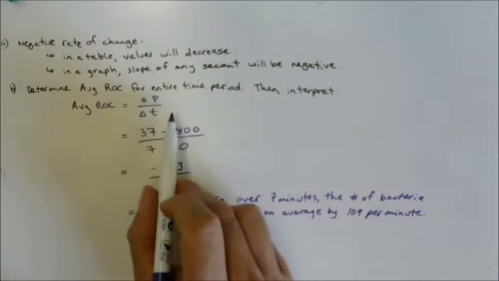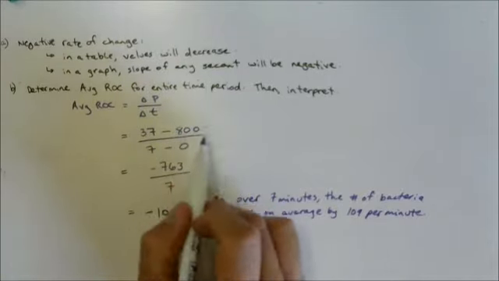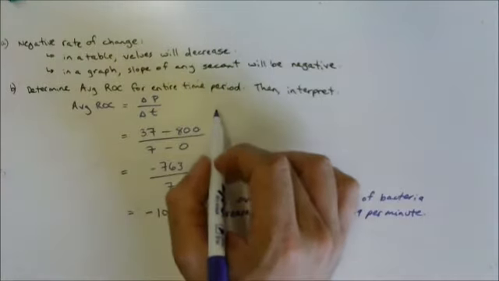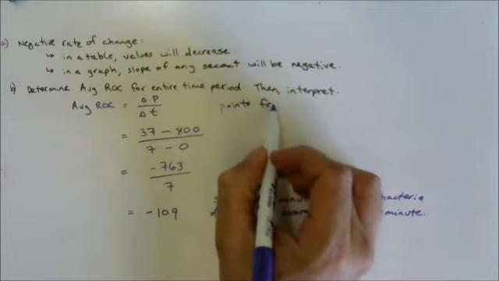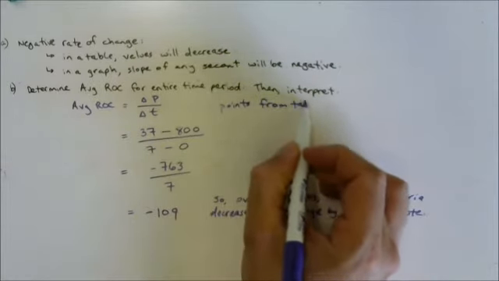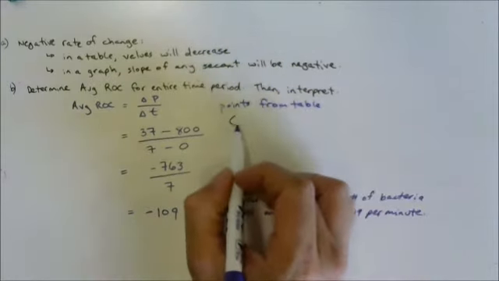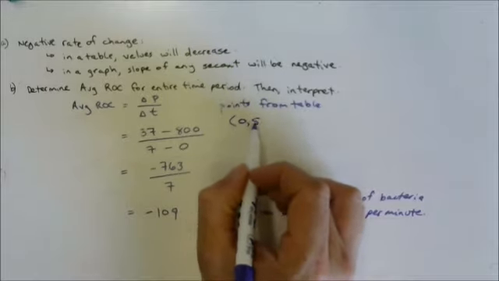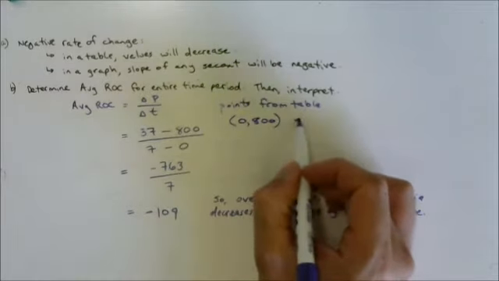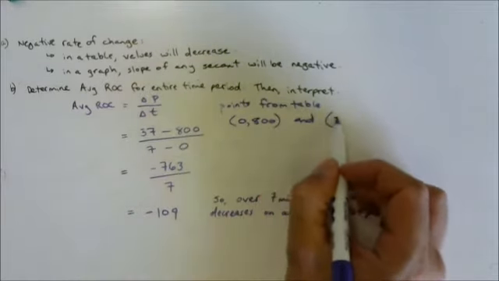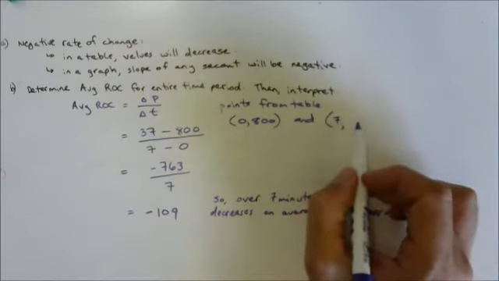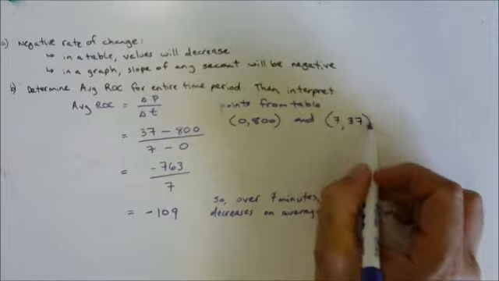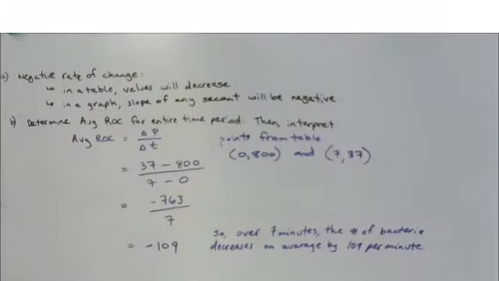Just to go back up here for a second, we should indicate that the points from the table that we used were (0, 800) and (7, 37).